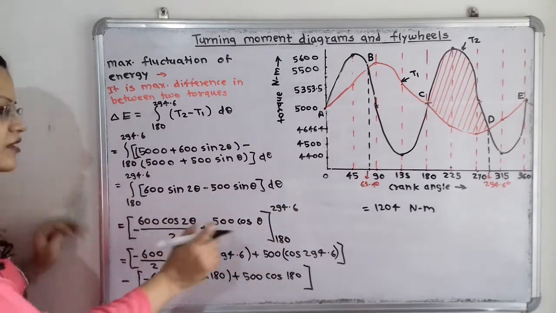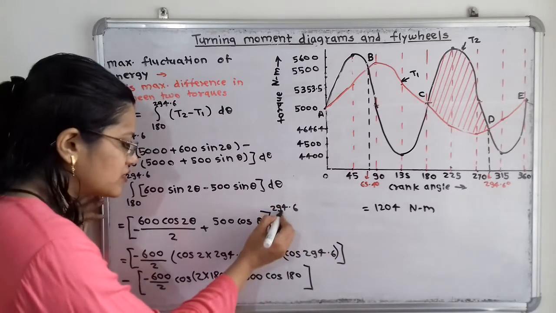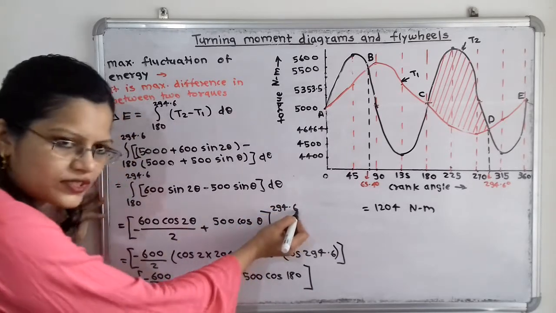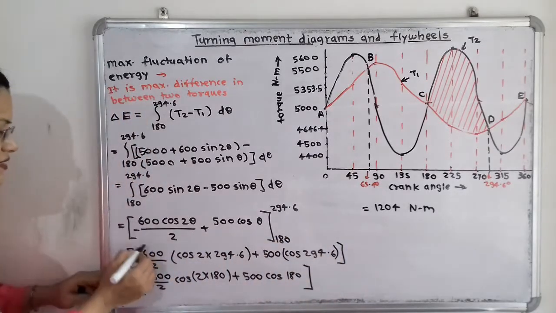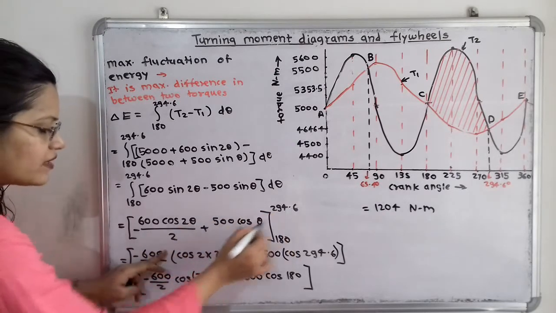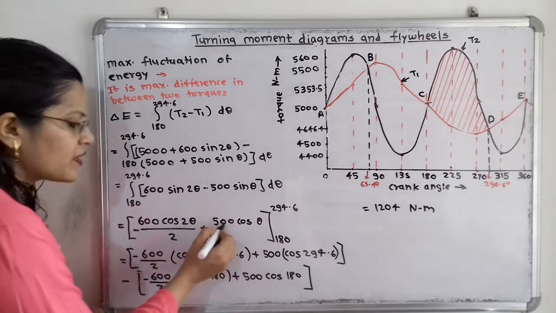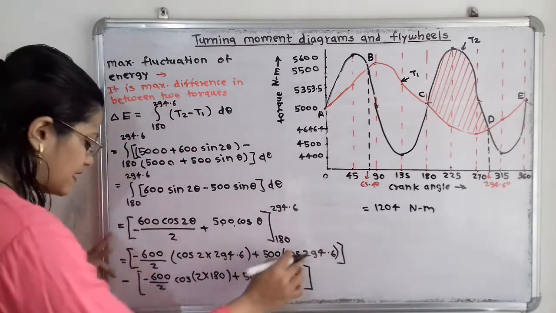Now how to solve this with the limits? First we put 294.6 instead of theta, in one bracket: minus 600 by 2 times cos of 2 into 294.6, plus 500 cos of 294.6. So one bracket is completed.